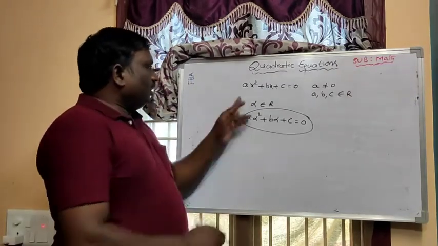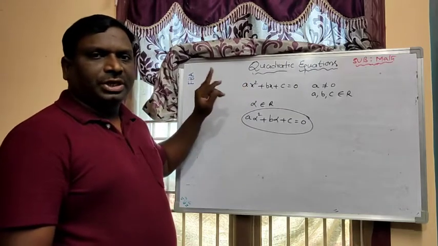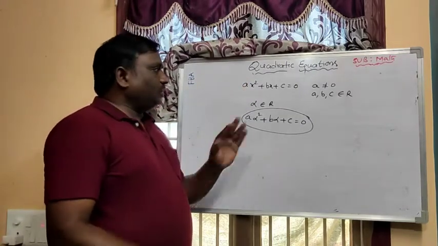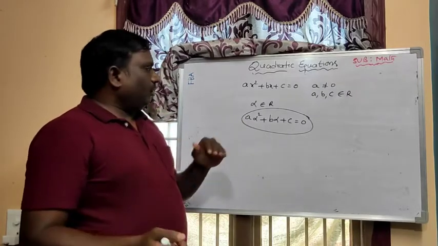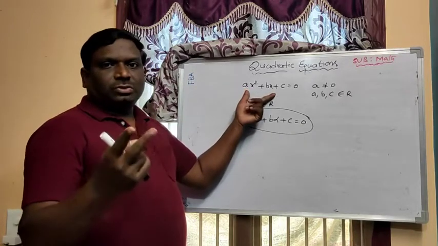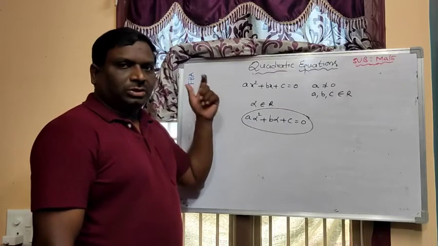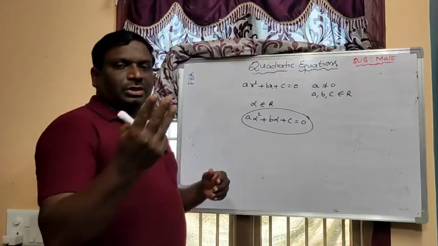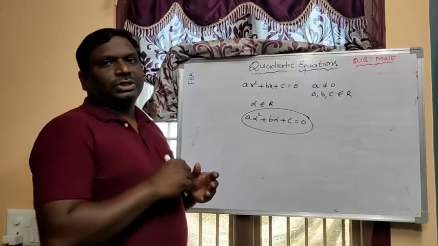For a quadratic equation the highest degree is 2, so the number of solutions is 2. When the highest degree of the equation is 2, the number of solutions is 2. If it is a cubic equation, 3 solutions will come. If it is a biquadratic equation, 4 solutions will come.